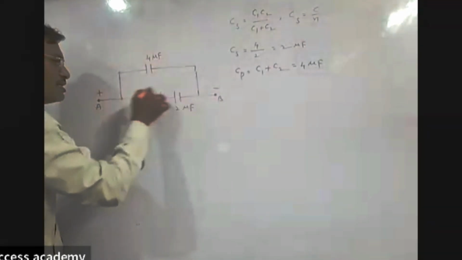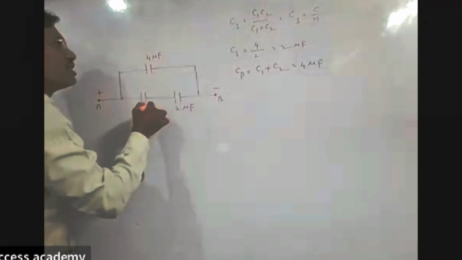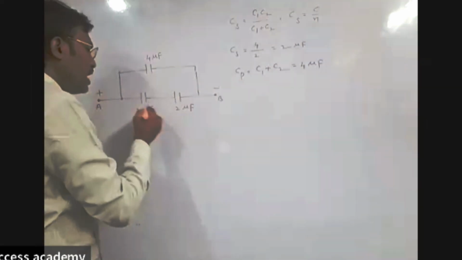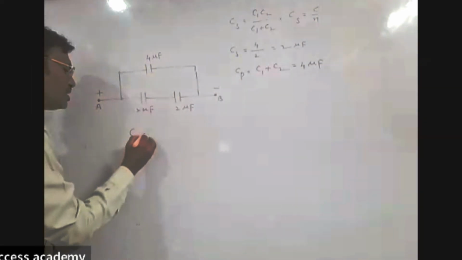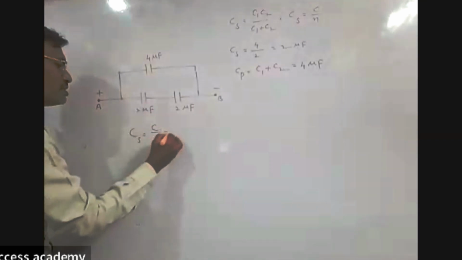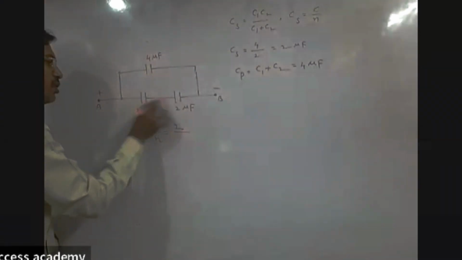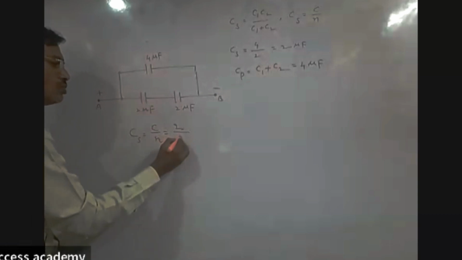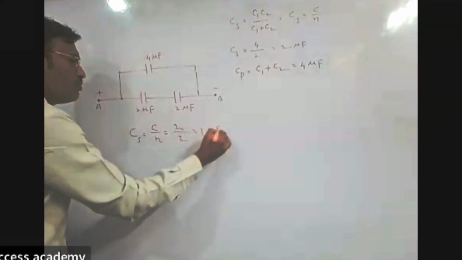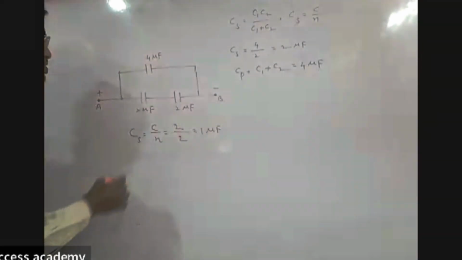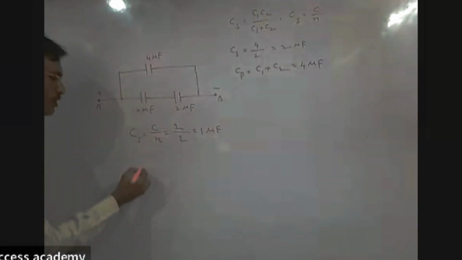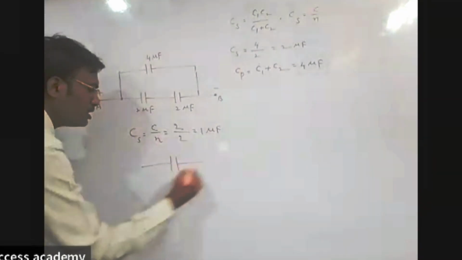These two are again in series combination. Here I am considering that Cs = C/N. C is nothing but 2 microfarad. Like that, how many capacitors? 2. That is equal to what's the value? 1 microfarad.